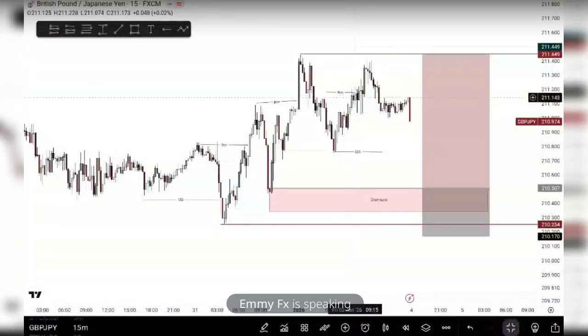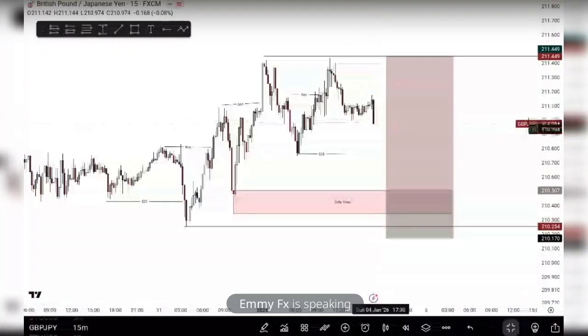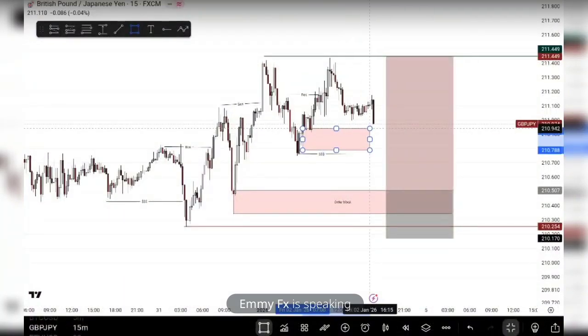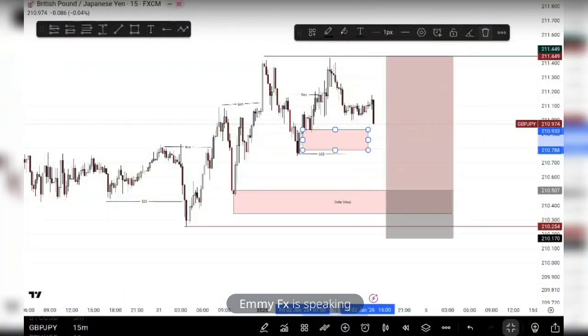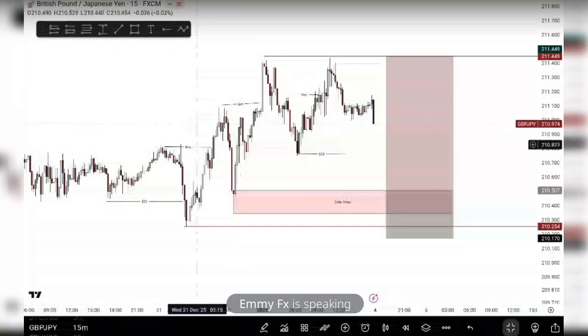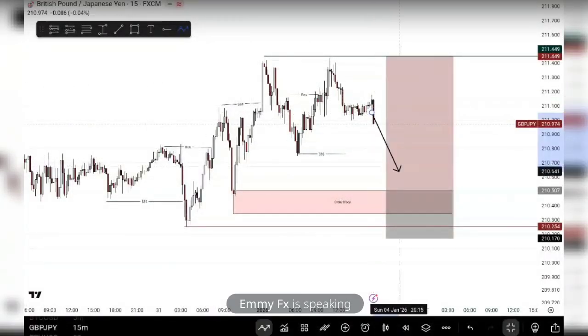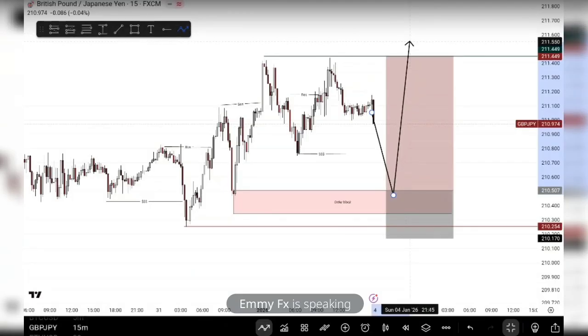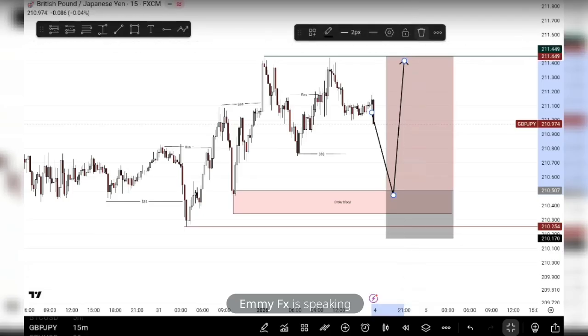And you can see price is currently coming down, right? I also have this support zone which is currently sitting here, but I'm not taking trade from support. So that zone is going to be the liquidity which price is going to take out, and I want price to tap us in from here and move to the upside. So this is just my take on this pair.